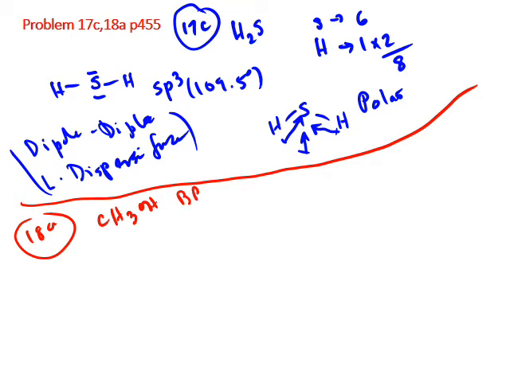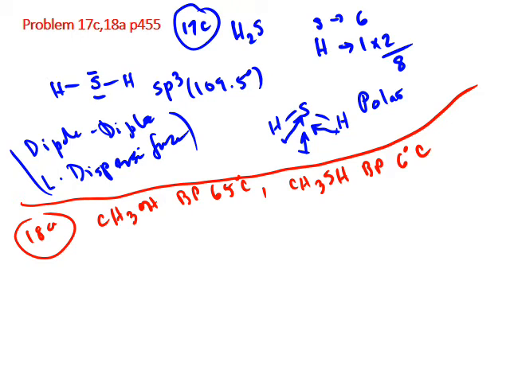So the boiling point is 65 degrees centigrade. On the other hand, CH3SH boils at 6 degrees. The boiling point is 6 degrees centigrade. So in the case of CH3SH, the boiling point is significantly lower.